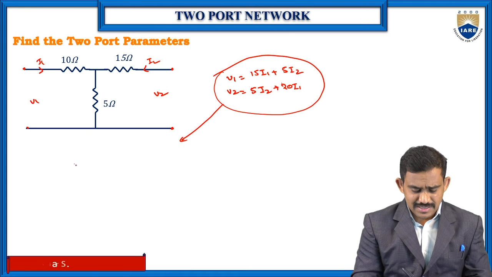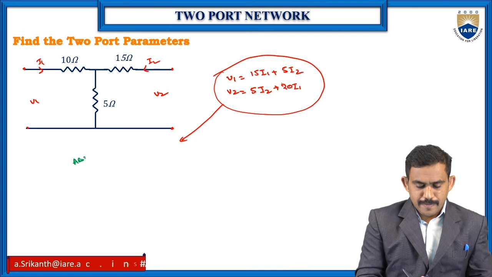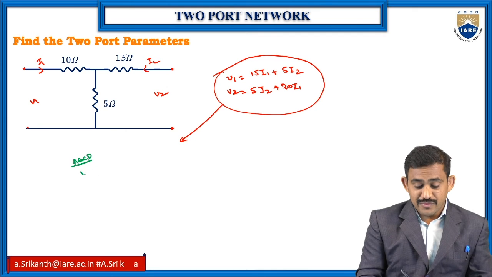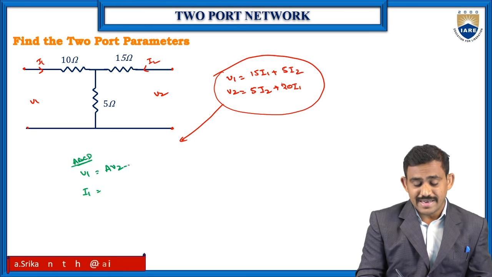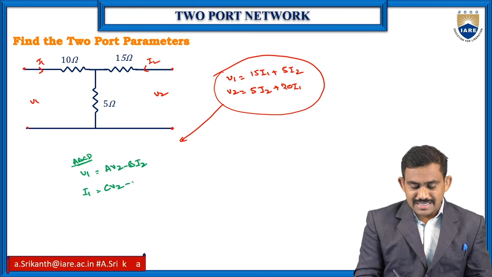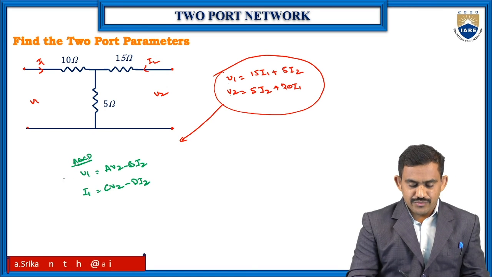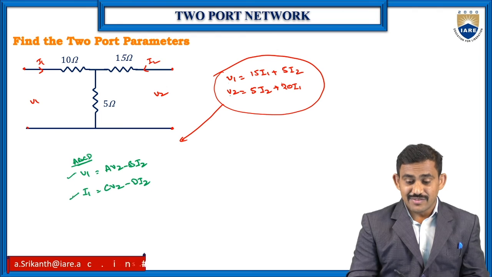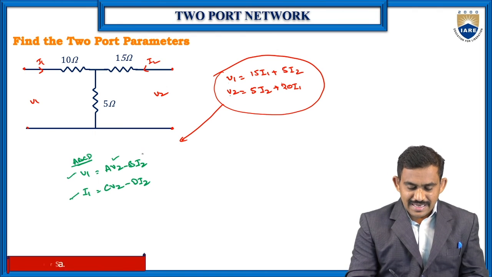For ABCD parameters, we have the equations: V1 equals A V2 minus B I2, and I1 equals C V2 minus D I2. If you observe, V1 and I1 are in the form of V2 and I2.